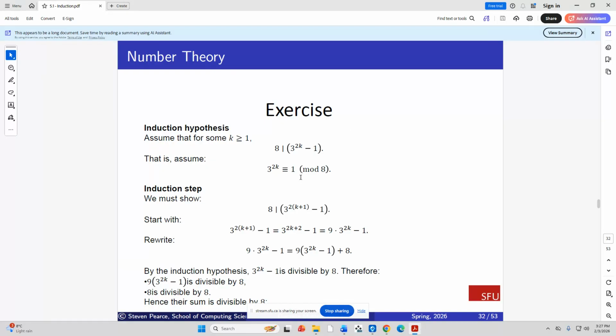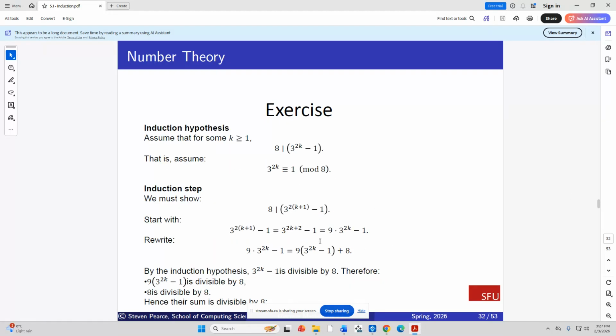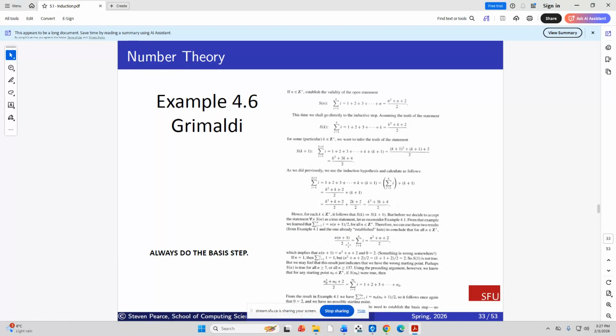Okay, so all of this comes down to algebra. It's always the same. You do the base case always. Here's an example of why you should do the base case. You don't have to read this whole thing, but what happens is, okay, you want to establish the validity of this statement right here.